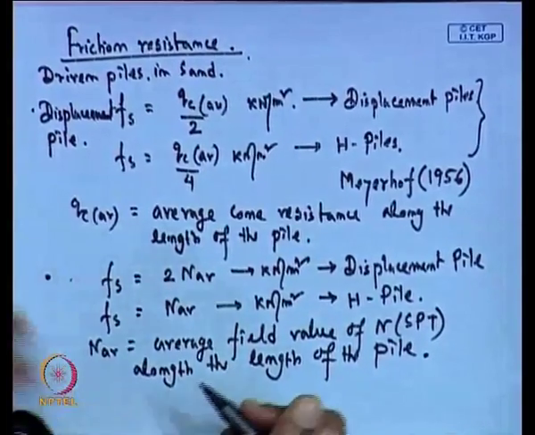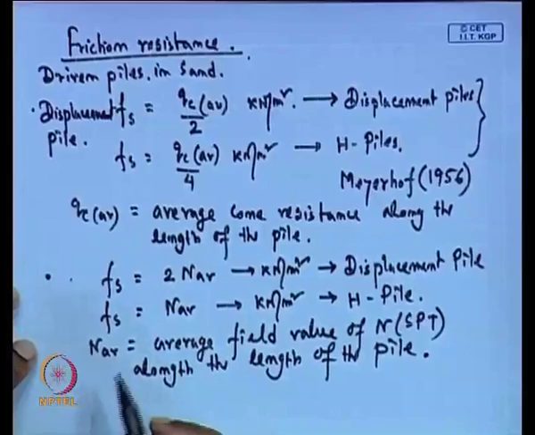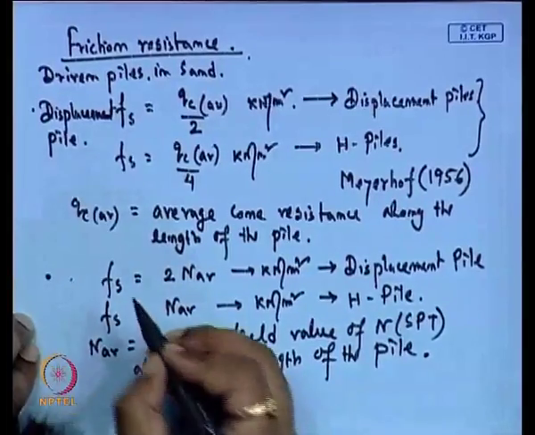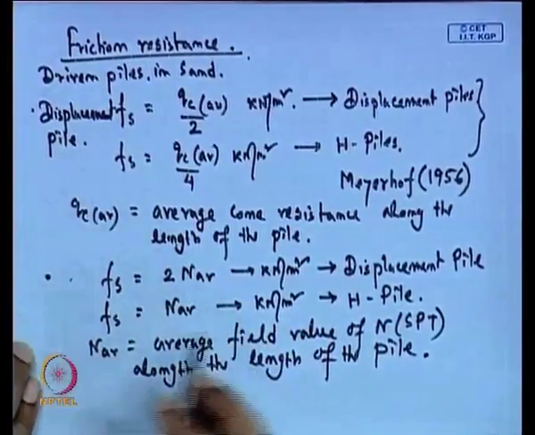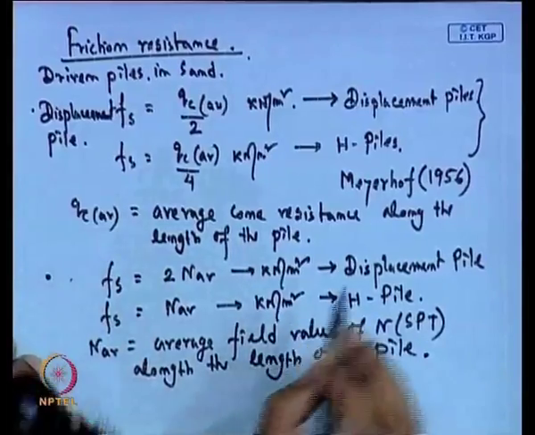Now, another condition: for q_p, that means the tip resistance, that cannot be greater than 400 N value.